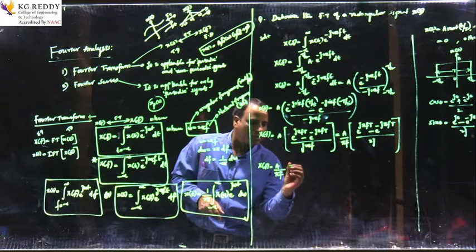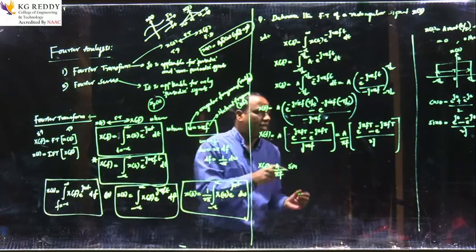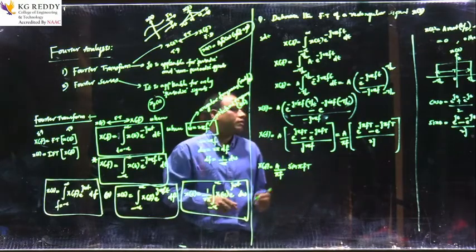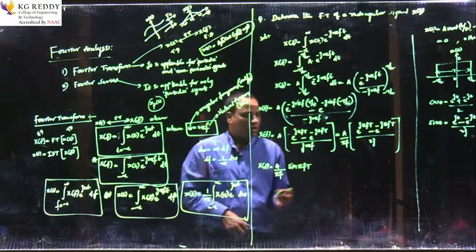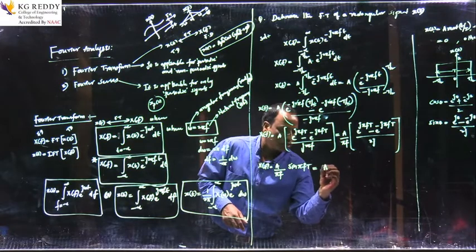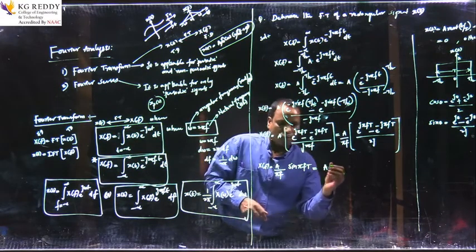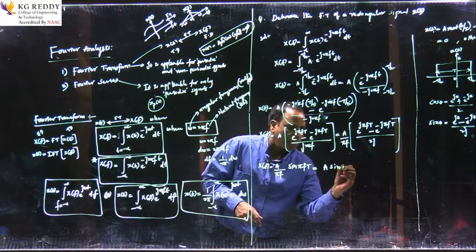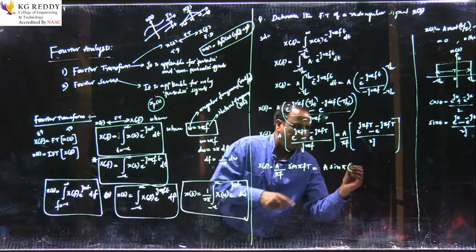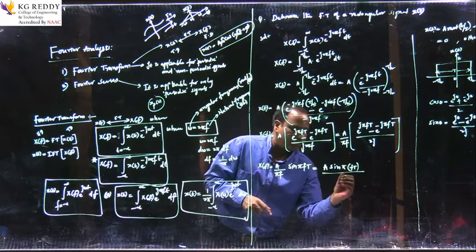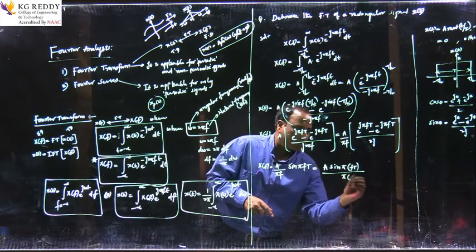This can be minimized as a into a by pi f into sine theta, in the place of theta we will have sine pi f t. So now this can also be a sine pi f t, and here say it as pi f t.